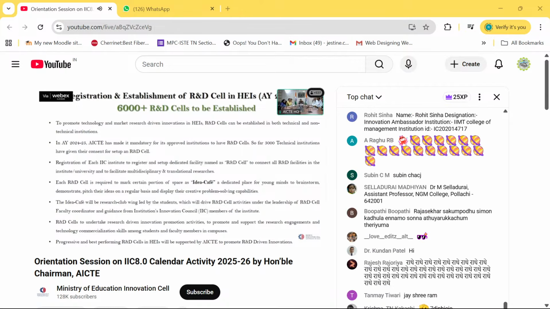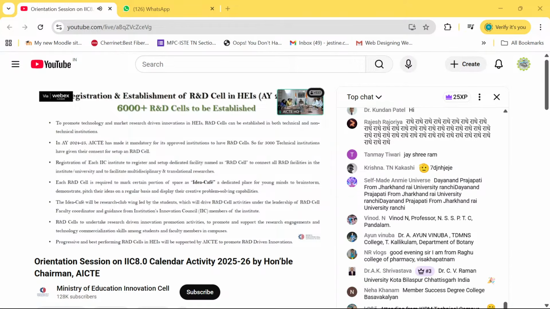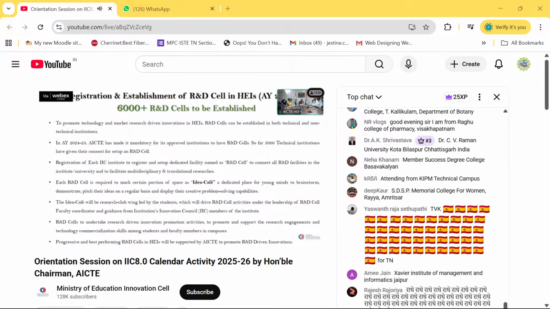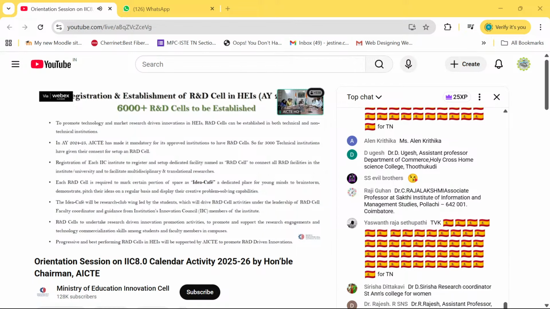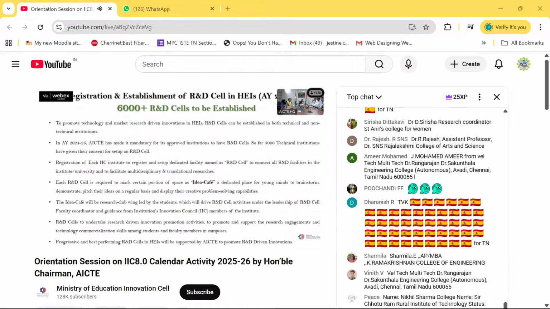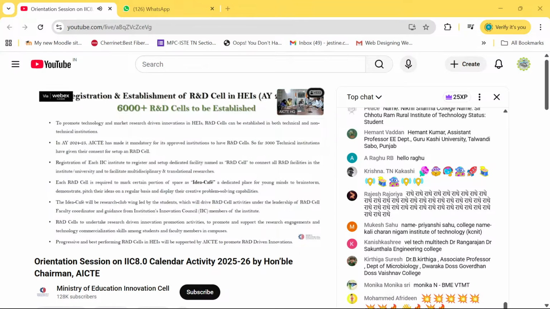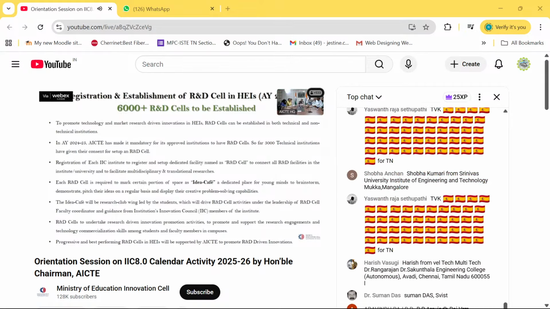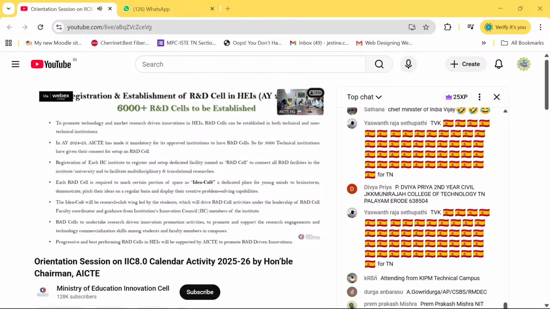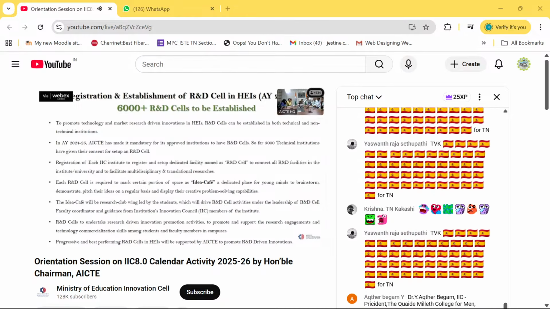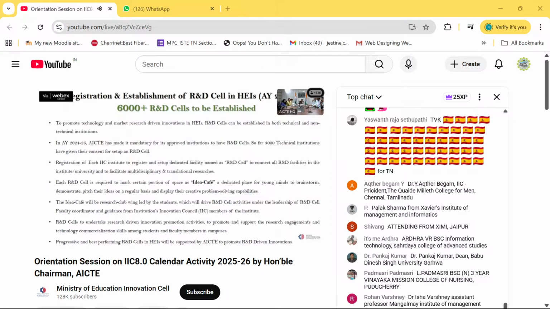The purpose of setting up R&D cells is to complement the innovation and entrepreneurial support system in our education institutions and to enable research-driven innovations, because when innovation is coupled with research, validation and market requirement, that innovation converts into a startup.